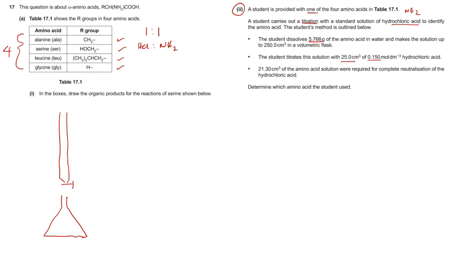So we've decided that we're going to put our hydrochloric acid right in our conical flask, because 25 cm cubed is the usual amount we measure with a pipette. So we've got hydrochloric acid, we've got volume of 25 cm cubed, and our concentration is 0.15 mole per dm cubed.